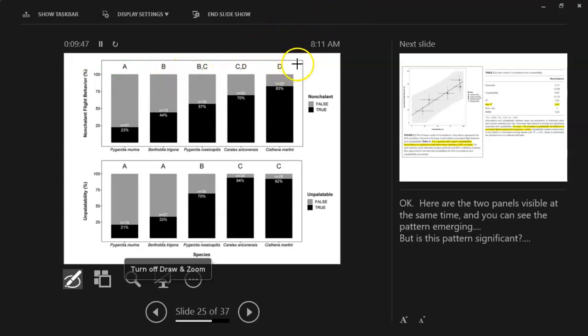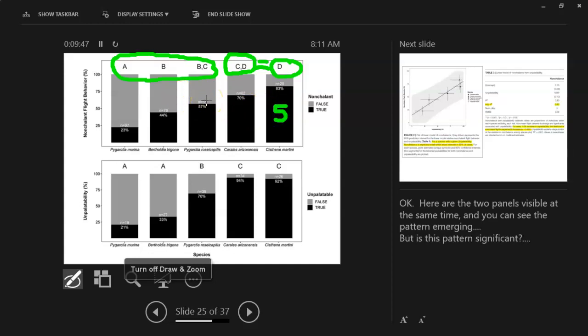So let's take the 5th species over here. Its outcome is represented by D, and you'll notice that the species to its left also has a D. That means that these 2 species were statistically similar in terms of whether or not they showed nonchalant flight. So they were equal to each other. When you compare this species over here, species number 5, I'm not going to try to pronounce all these scientific names.